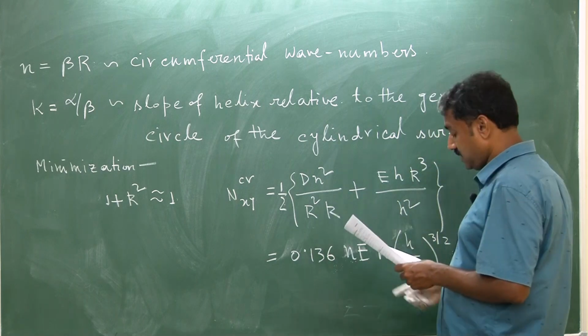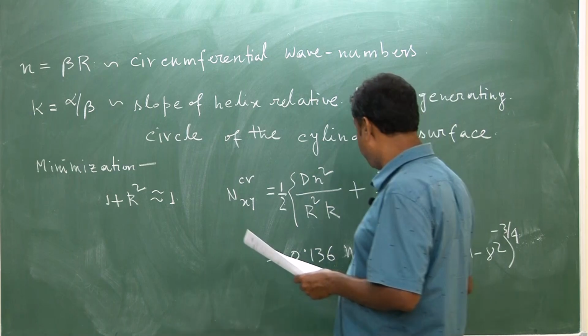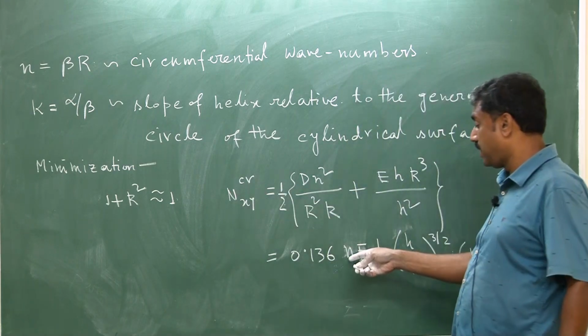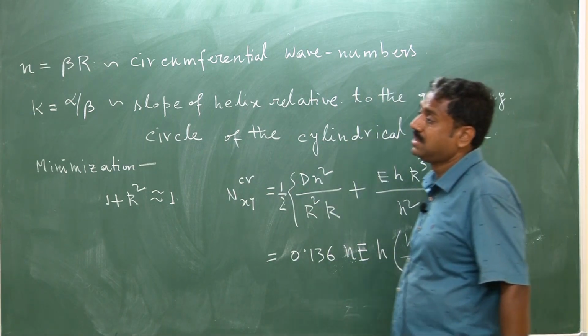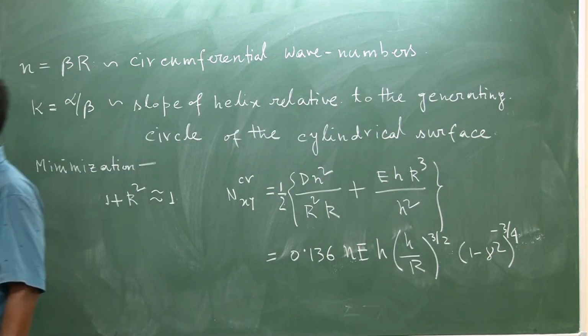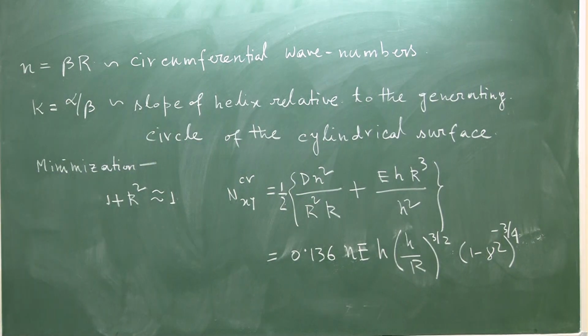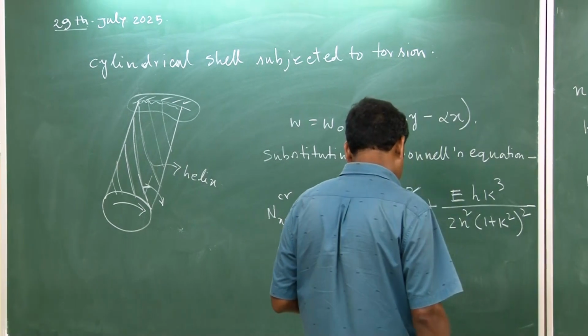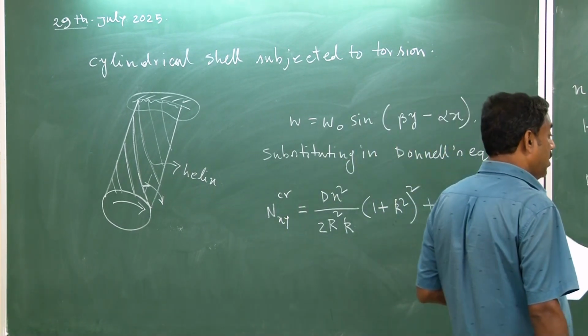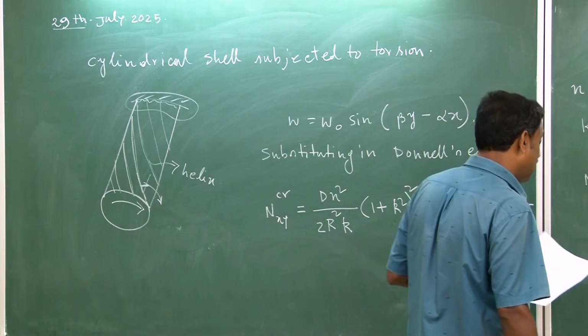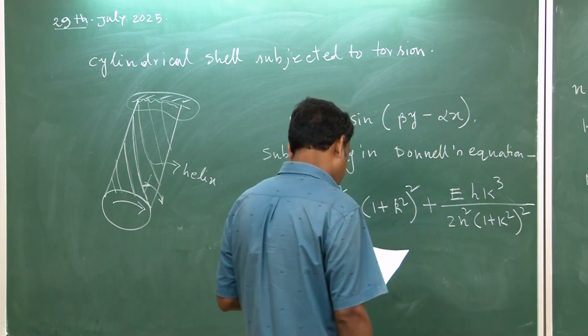Here clearly you can see there is n here. So, minimum load will occur when n is 1. n is 1 means what? There is only one wave number here. But one wave number, it is not a physical thing, right? n is equal to 1 means what? A single buckle along the circumference, right?